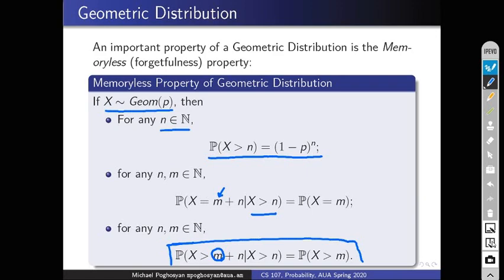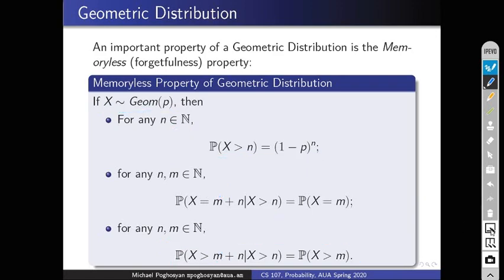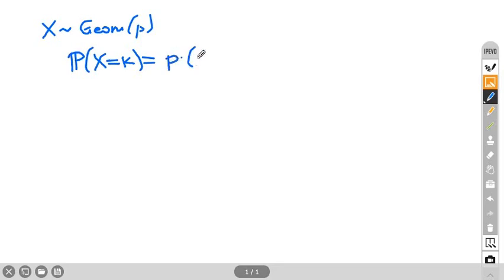Okay, so let me prove this. Let me erase, move to the blackboard. So what I have, X is geometric with probability P. What does this mean? This means that the probability that X is equal to K is equal to, so K minus 1 times failure, and the Kth one is a success.